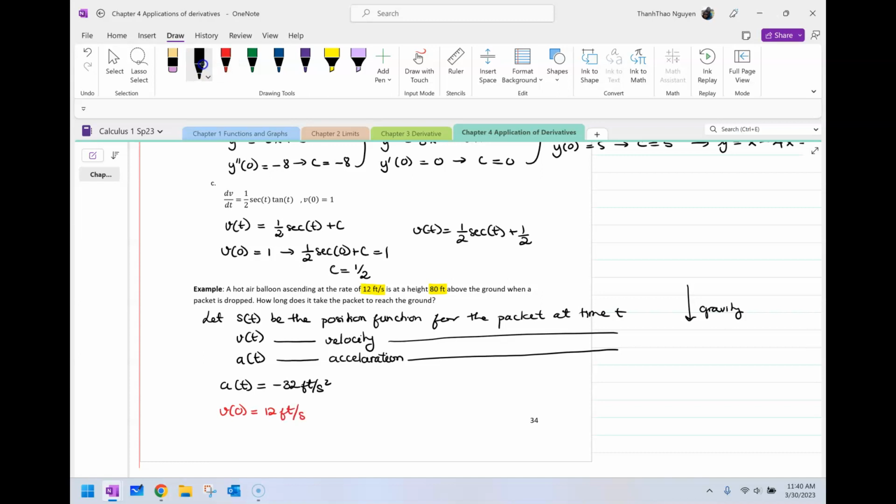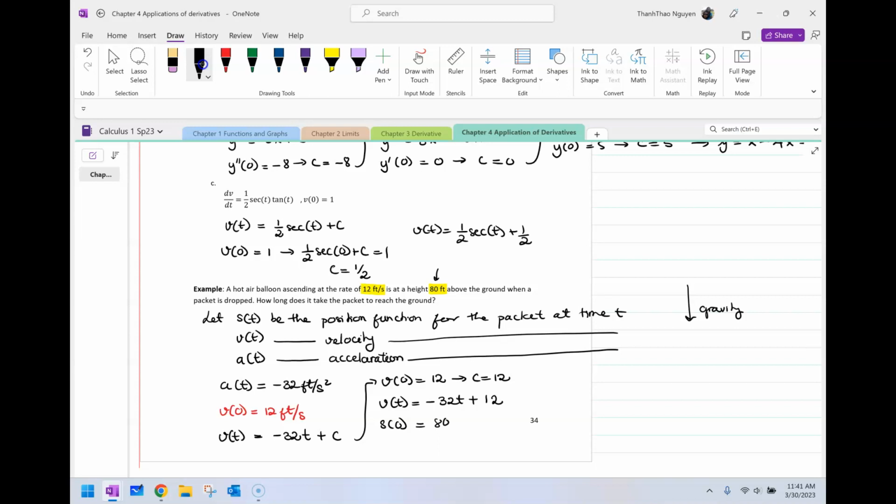I can use a of t to calculate v of t. v of t equals negative 32t plus c. We were told that v of 0 equals 12. This means c equals 12. So the function v of t is equal to negative 32t plus 12. We are told that s of 0, at the time that it is released, equals 80.